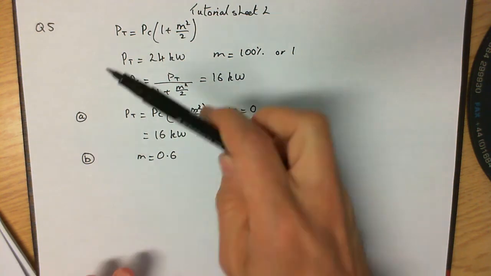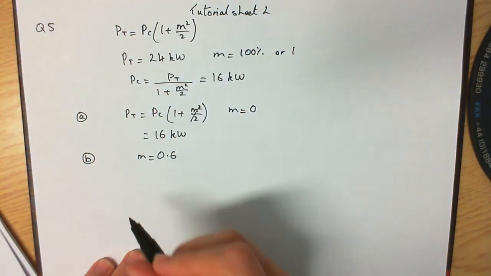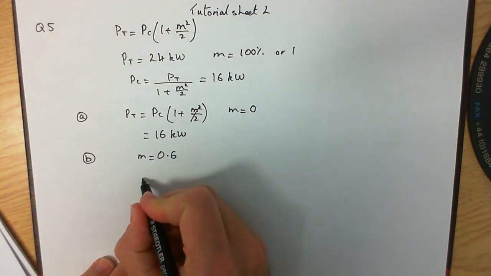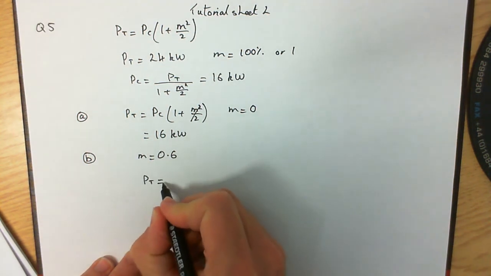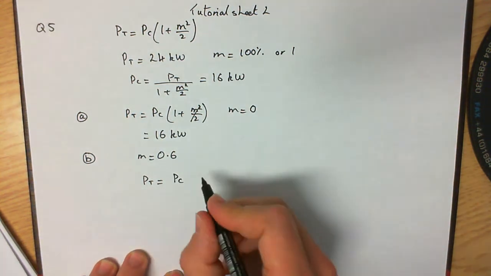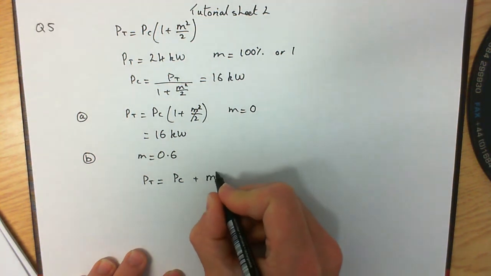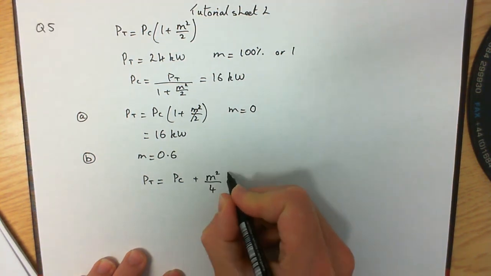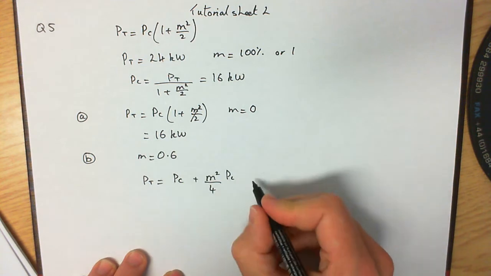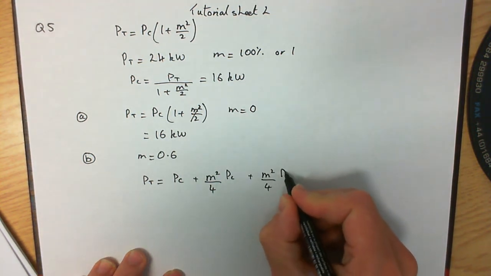Then we really need to understand how this equation is made up of the various components in the system. So we've got the PT. If we break this up, we've got the carrier power plus M squared over 4 times PC plus M squared over 4 times PC.